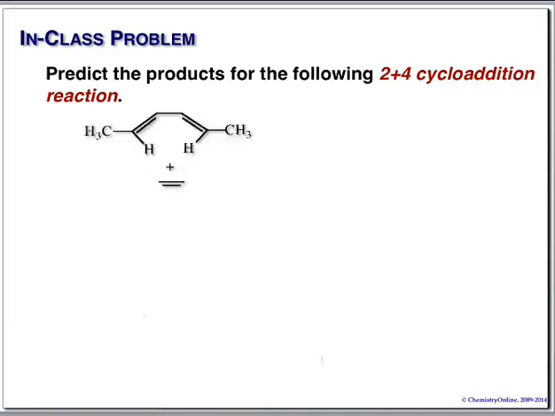What if we have trans-trans? Trans on this double bond, trans on that double bond. Same magic. We make our 6-member ring.